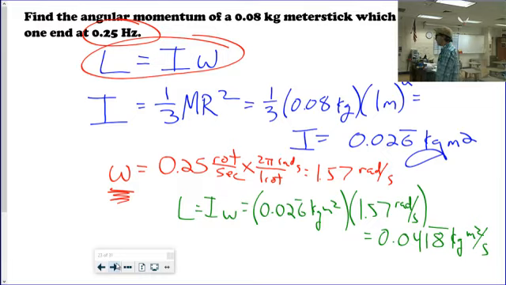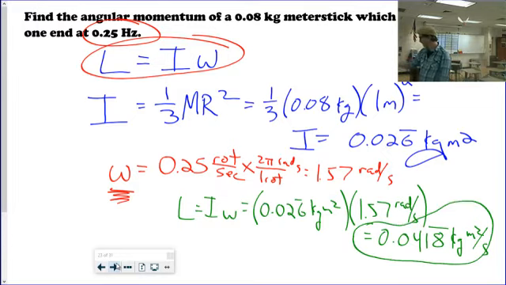And again, those radians, as they tend to do occasionally, kind of magically disappear. One of these meters is really meters per radian. So there's the angular momentum of our meter stick. Finding the angular momentum of a rigid object like a meter stick or a wheel is pretty straightforward. It's just I times omega.